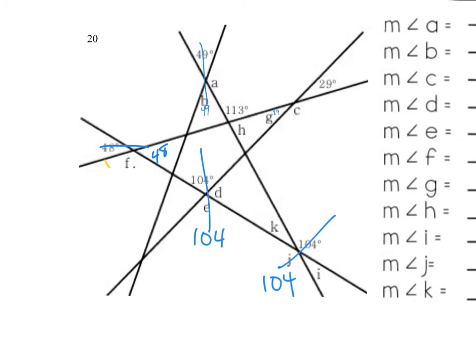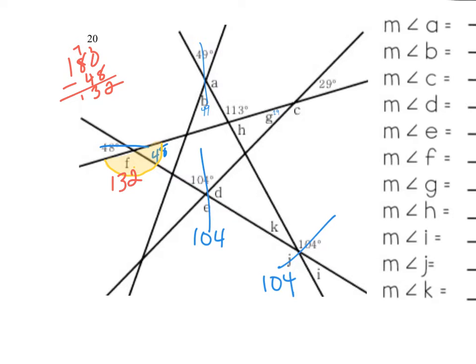Okay, so now I notice that these two angles are sitting on a straight line. So those together are going to equal 180 degrees. So 180 subtract 48 is going to be 132. So F is going to be 132.